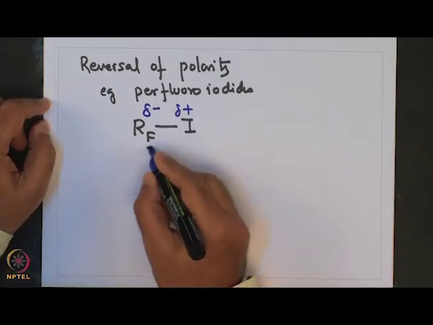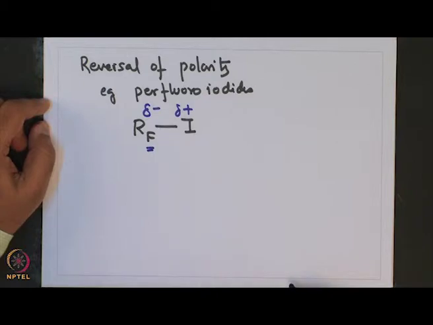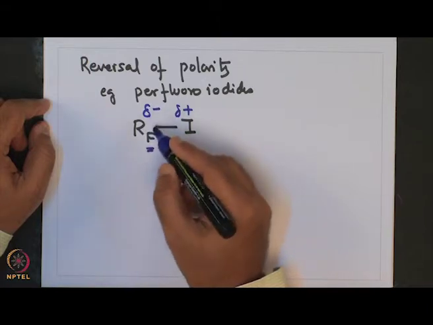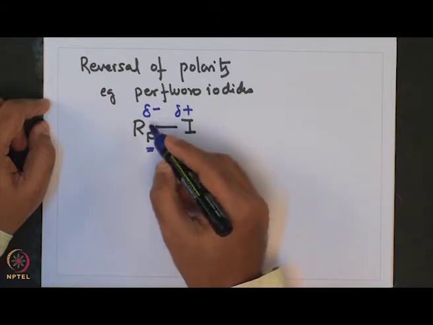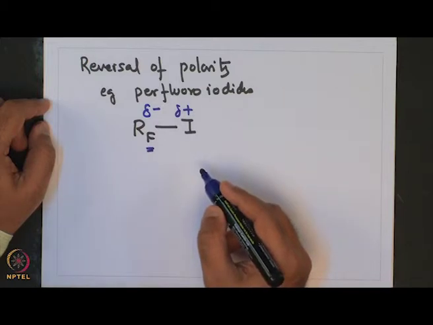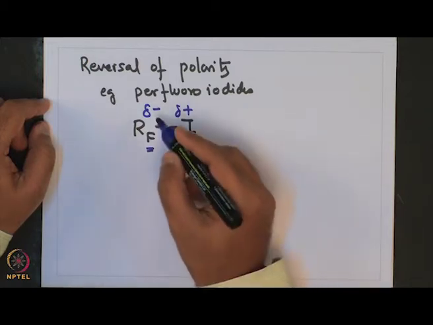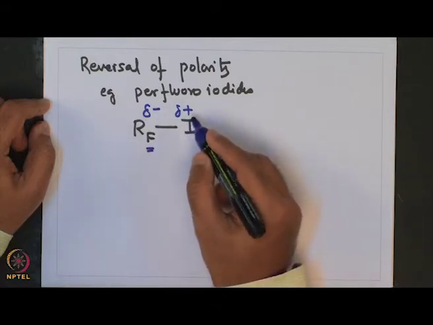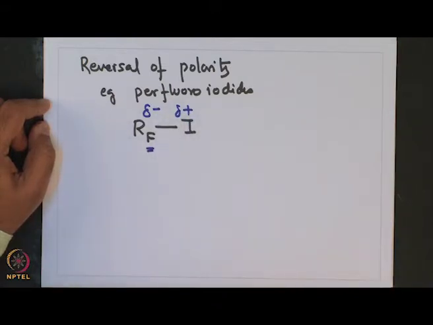The reason being fluorine, being a very strongly electronegative element, would result in accumulation of electron density on the R_F moiety, resulting in delta minus on this side and appropriate delta plus on the iodine.